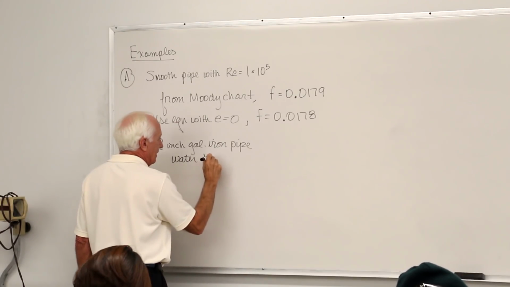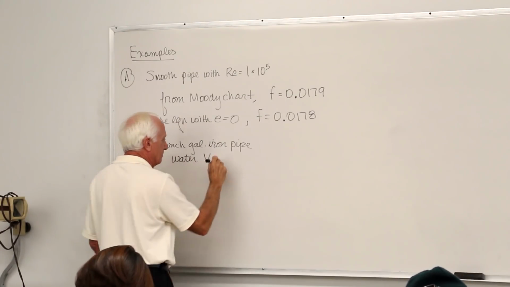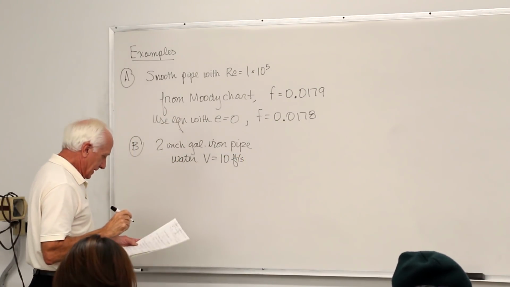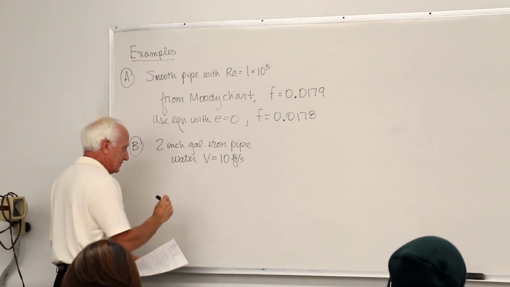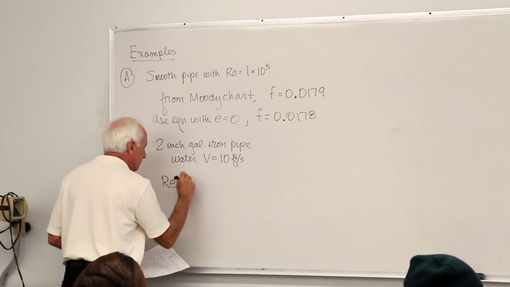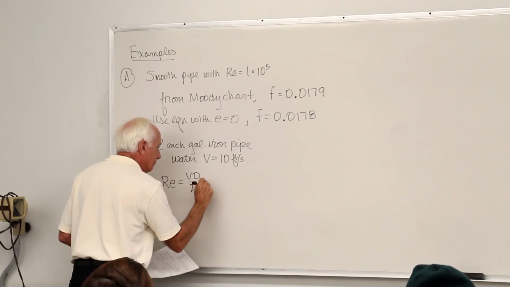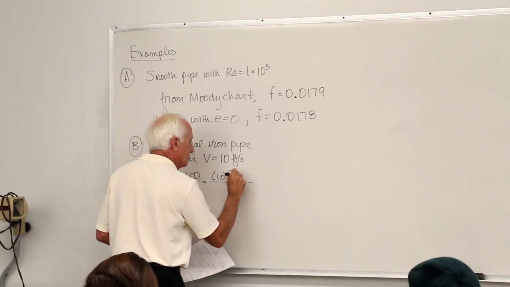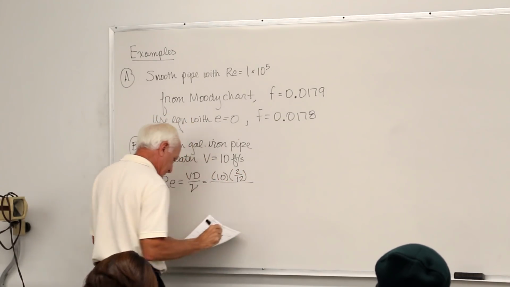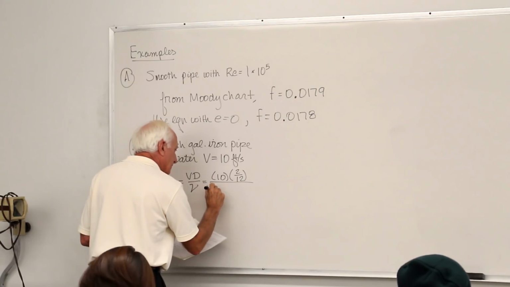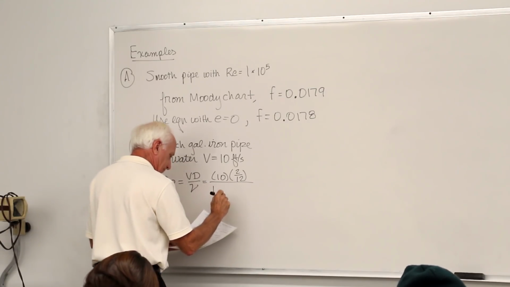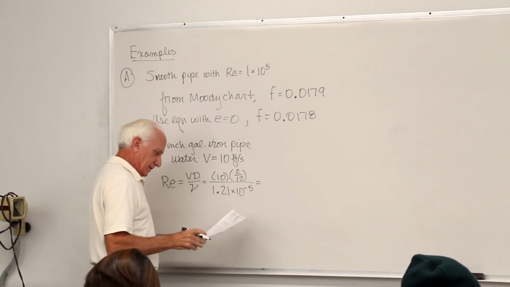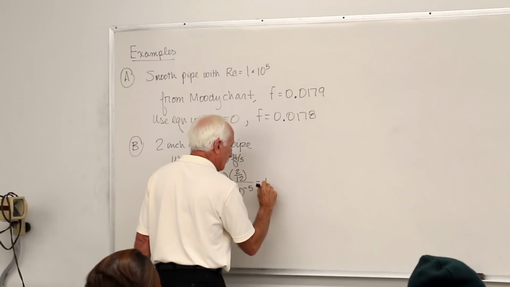With a velocity, average velocity of 10 feet per second. Okay, step number 1, as we said, get the Reynolds number. Velocity 10, diameter 2 divided by 12. Kinematic viscosity in the textbook. Reynolds number 1.38 times 10 to the 5th.